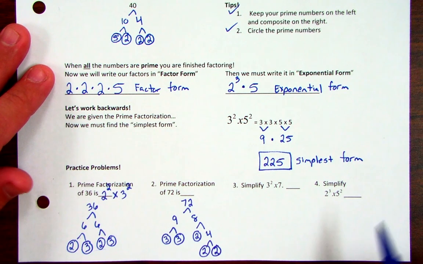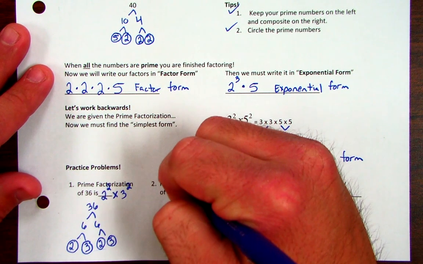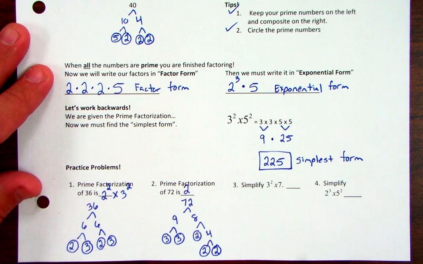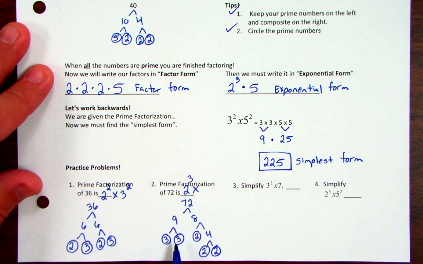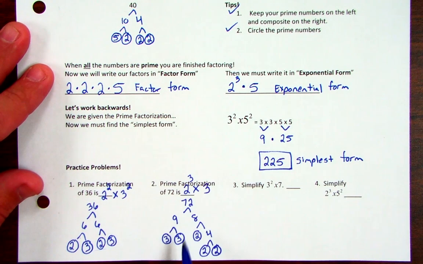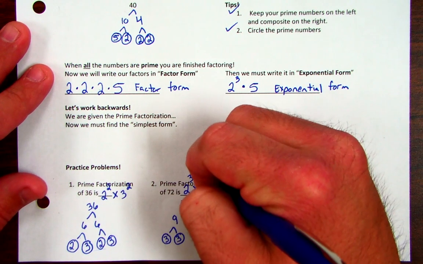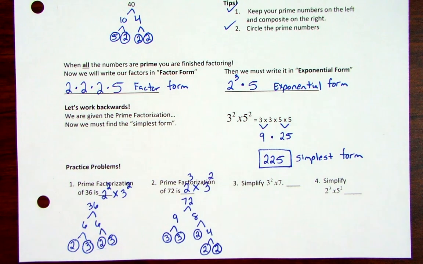What's your lowest base number? Well, it's 2. How many 2's did we have? 1, 2. We had 3 of them. Times, what's your other base number that we circled? It's 3. How many 3's did you have? 2. Done. Bada bing, bada boom.